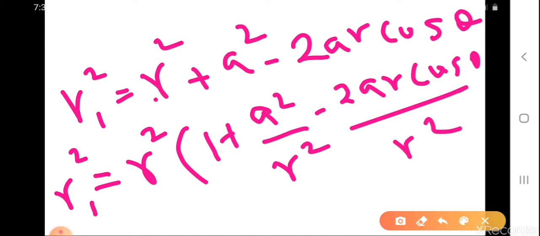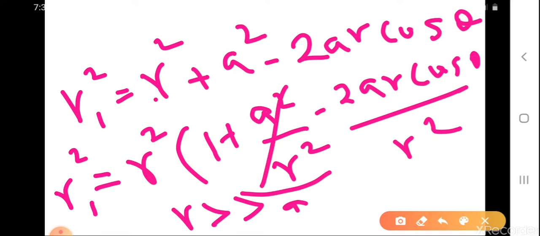Now, in that I am going to rearrange. Plus A square by R square can be brought back. And moreover, when we consider R is much greater than A, this term can be neglected. Then what will you have as the remaining part of this equation?